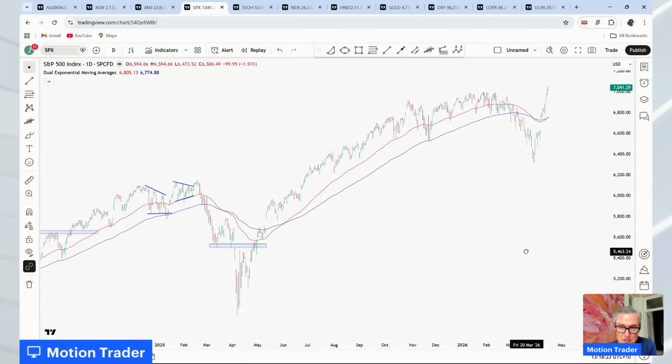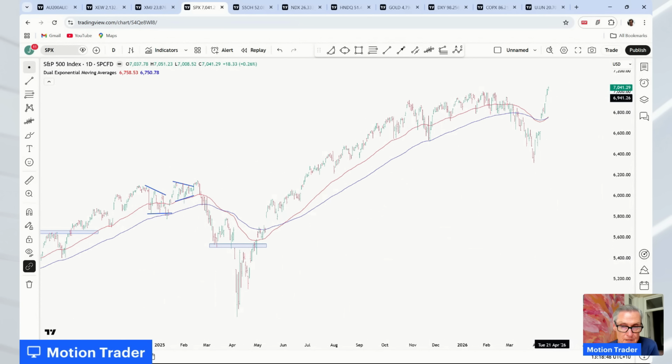But first, I just want to give you a reason for some caution around this rally. It's one of the things that does worry me a touch about this rally in the S&P 500 and the new all-time highs, in that the new all-time highs have not been in conjunction with lots of new highs in individual stocks.